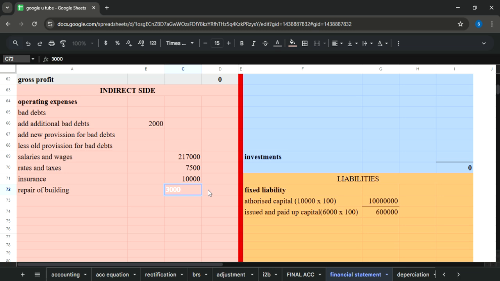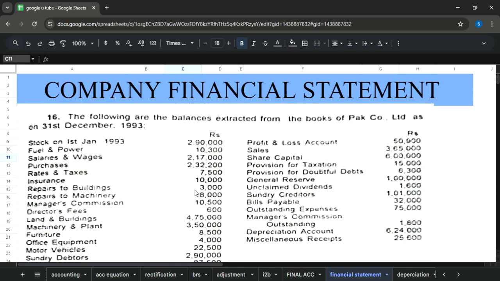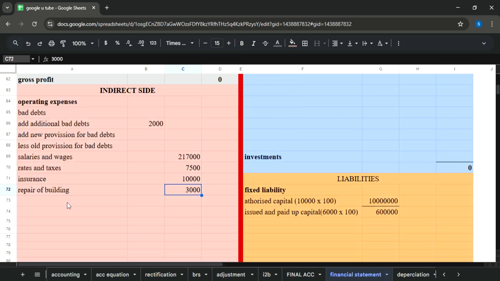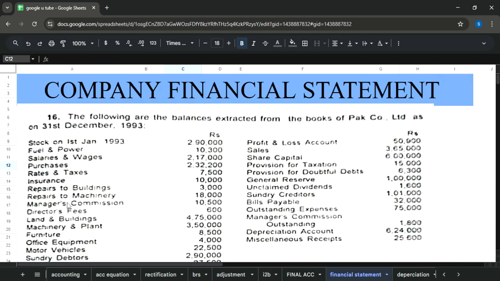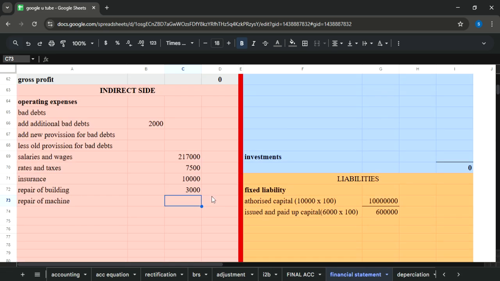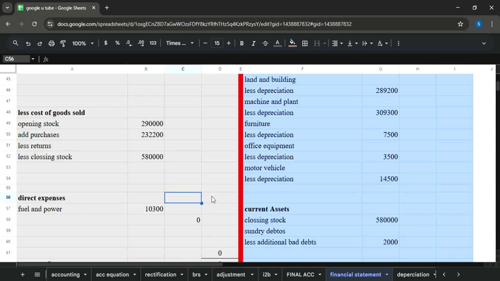Mention this amount in the operating expense side. Then repairs of machinery, same nature with different names. Repair of machinery and its amount is 18,000. Mention this amount in the operating expense side.